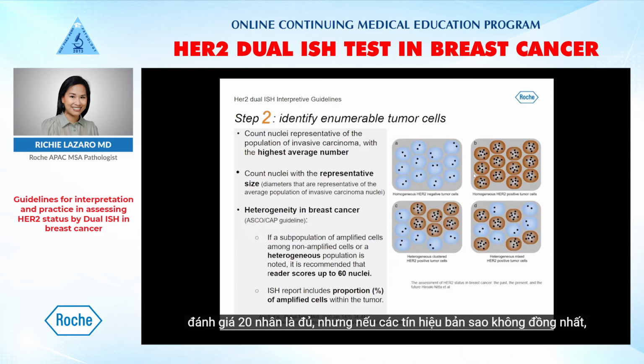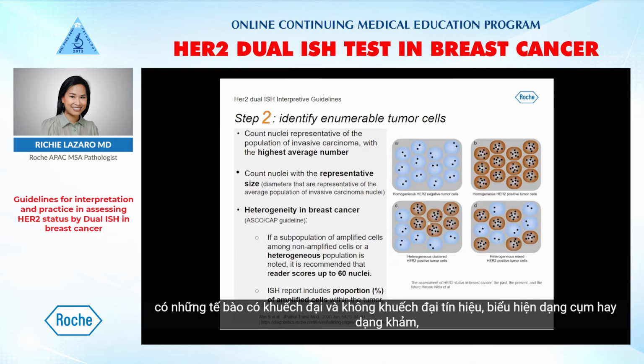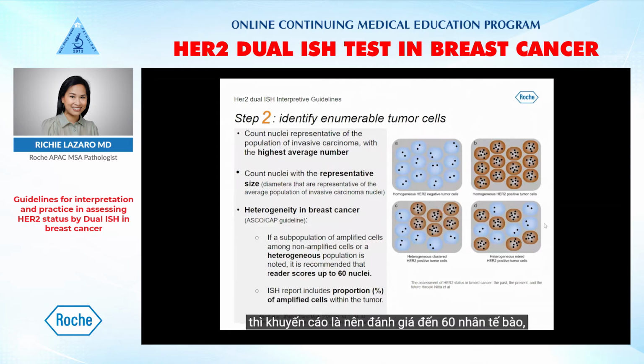But if copy signals appear heterogeneous, where amplified cells are noted among non-amplified cells, whether in clusters or in a mosaic pattern, it is recommended that the reader scores up to 60 nuclei, and the ISH report includes the proportion of amplified cells within the tumor.